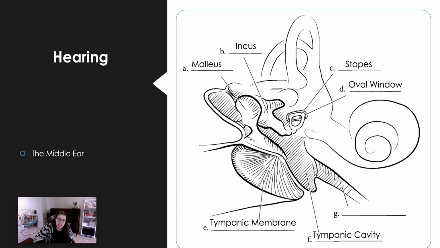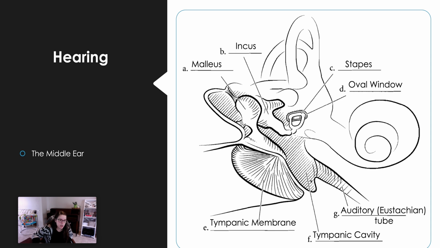Two more structures, though, that I want to chat about real quick. We have our tympanic cavity and our auditory tube or eustachian tube. These areas have a lot to do with the pressure in your ears, when it has to do with your ear popping. So you have fluid in your inner ear, but you have air in your middle ear.